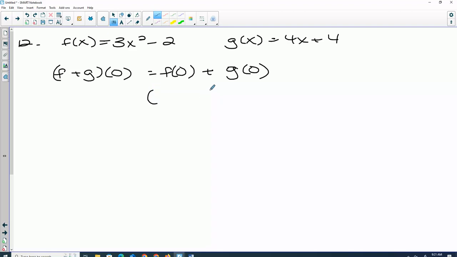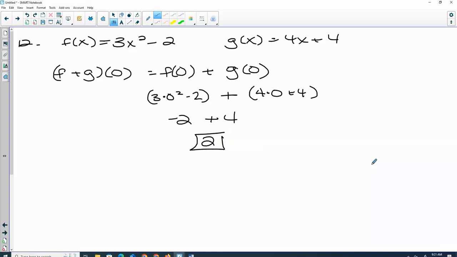Okay, if you put 0 into f, that's 3 times 0 squared minus 2. So 0 minus 2 is -2. If you put 0 into g, 4 times 0 plus 4. So 0 plus 4 is 4. So -2 plus 4 gives us 2.